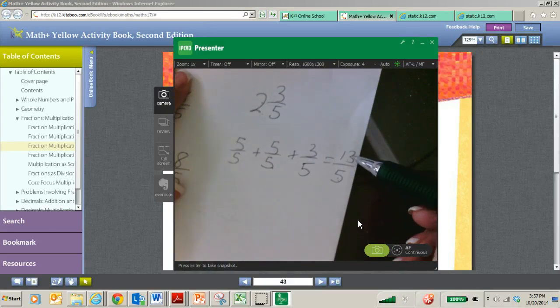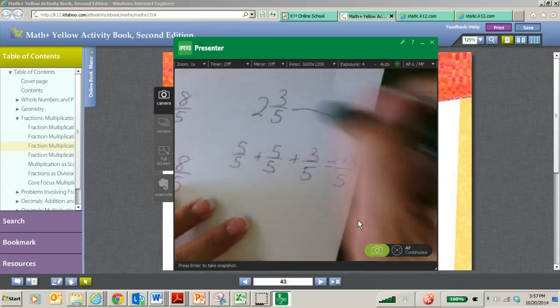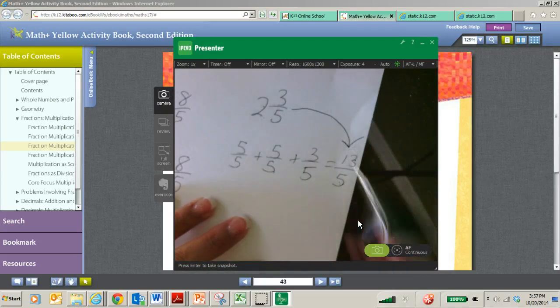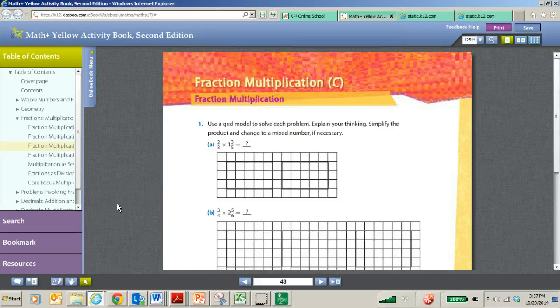It's improper because the numerator is larger than the denominator. This number is the same as that number. They are equivalent. So encouraging your student to understand what that means and how to go back and forth and convert them in a variety of different ways is really, really important.